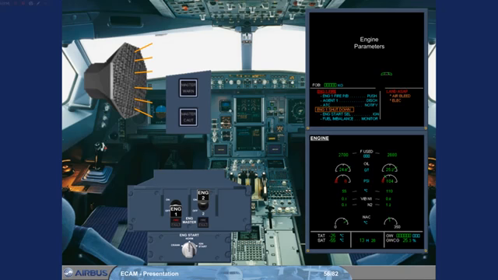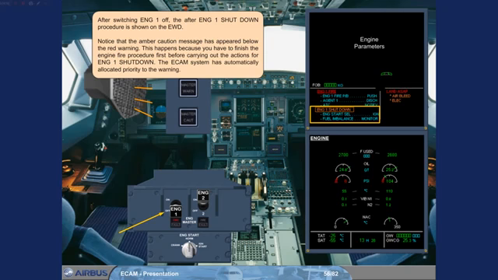After switching Engine 1 off, the After Engine 1 Shutdown procedure is shown on the engine and warning display. Notice that the amber caution message has appeared below the red warning. This happens because you have to finish the engine fire procedure first before carrying out the actions for Engine 1 shutdown. The ECAM system has automatically allocated priority to the warning.